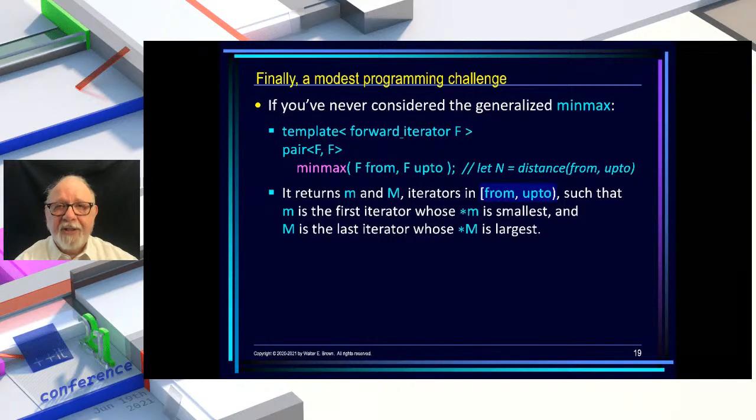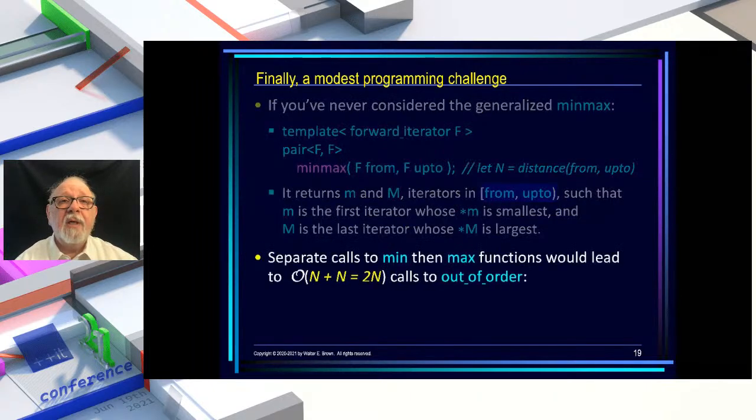Now, this is not a particularly difficult challenge for anybody with any experience whatsoever to speak of. We can certainly do it by using as our primitive separate calls to min and max functions in an appropriate sequence. And if you do that, then you'll end up making very close to 2n calls to out of order, either directly or indirectly.